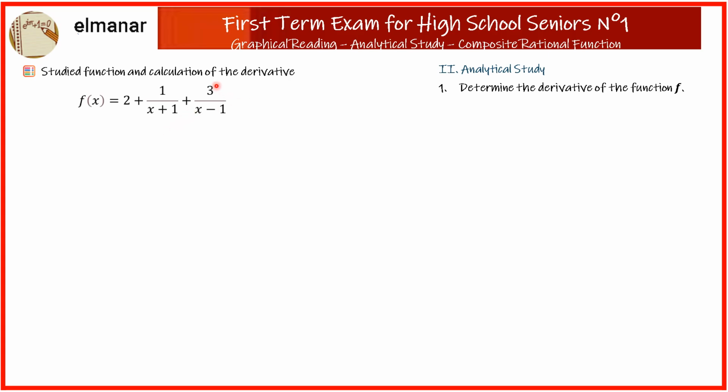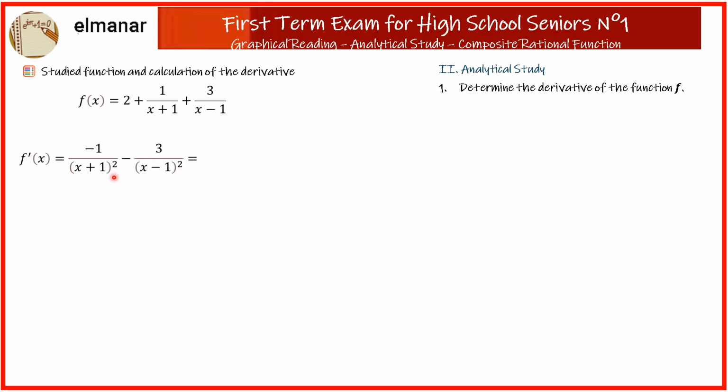The derivative of 3/(x-1) gives -3/(x-1)². Combining both results, the derivative of f becomes -1/(x+1)² - 3/(x-1)².